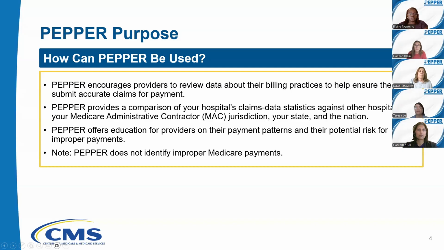So PEPPER is designed to encourage providers to review their data about their billing practices so that they can improve the accuracy of the claims that they submit for Medicare for reimbursement. PEPPER enables hospitals and facilities to compare their claims data against statistics from other hospitals in their Medicare Administrative Contractor or MAC jurisdiction, their state, and across the nation.